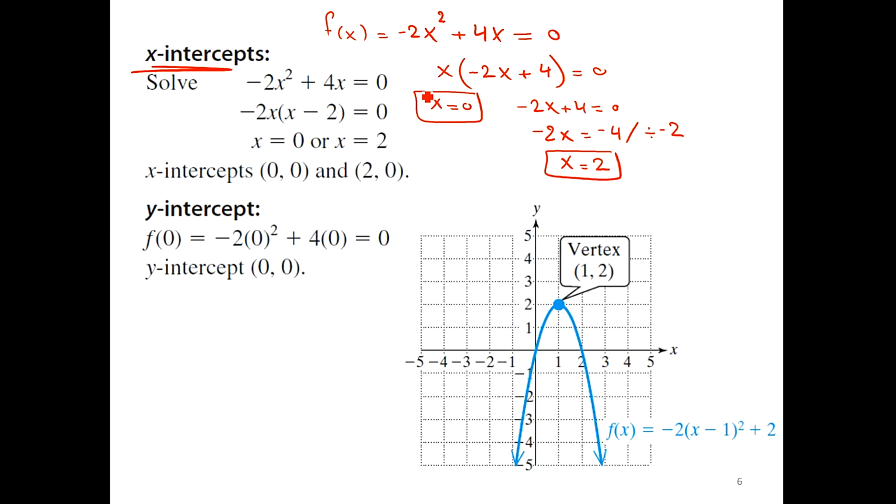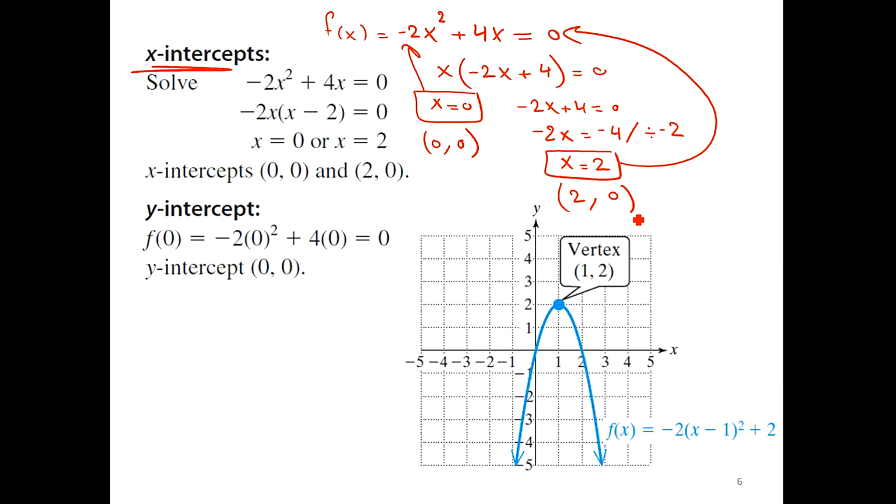If we substitute x equals 0, we have the point 0, and f is 0, so 0, 0. If we substitute 2 in this function, we have minus 2 multiplied by 2 square, which is minus 8, minus 8 plus 2 multiply 4, this is also 0.